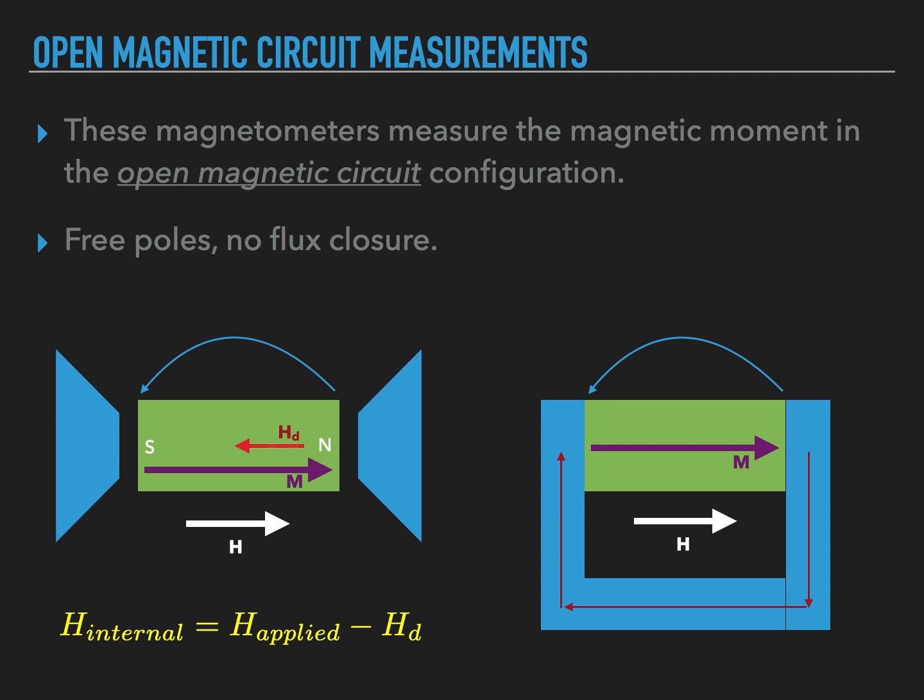The demagnetizing field is a field that originates inside the sample from the free poles that develop at the two sample sides. These free poles are not there in the case of flux closure, but in the case of open magnetic circuit configuration, the poles are there, and so also the demagnetizing field is there.